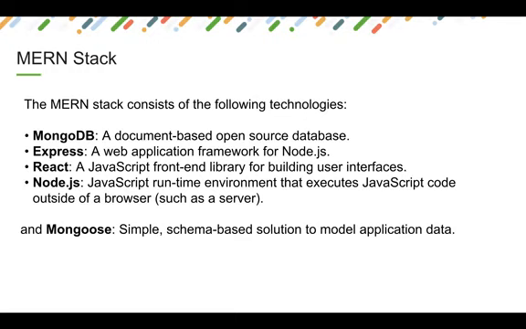MongoDB is the document-based open source database. In our app, we'll be storing our data in MongoDB. Finally, the front end is React, which is a JavaScript front-end library for building user interfaces. And at the bottom there, we will be using Mongoose, which is a simple schema-based solution to model application data. Basically, it makes it easier to use MongoDB in Node.js.